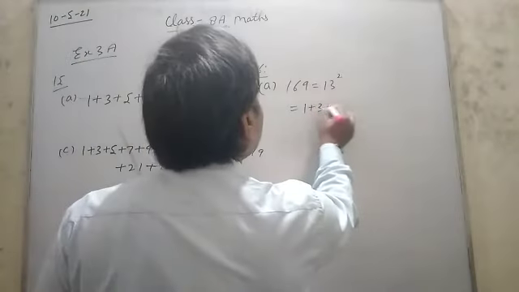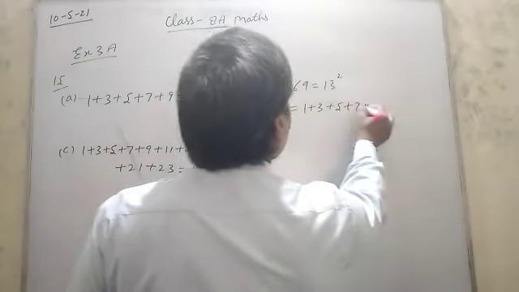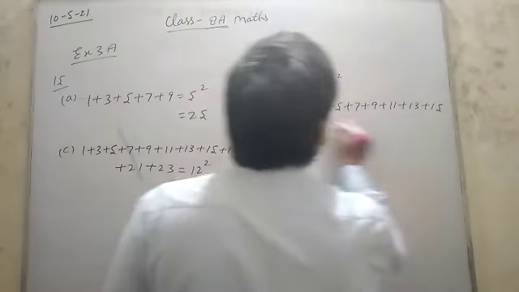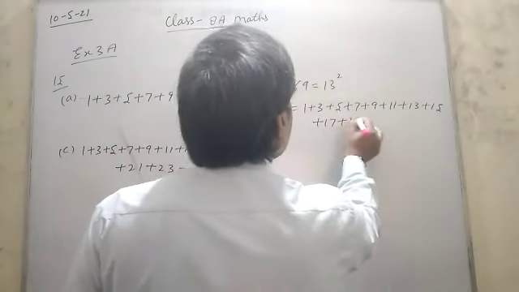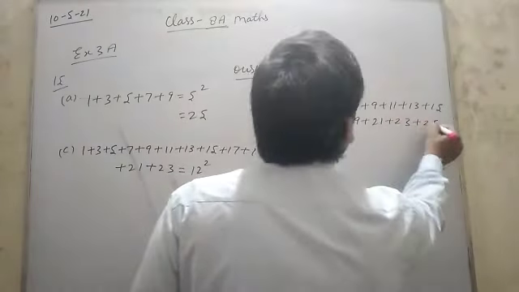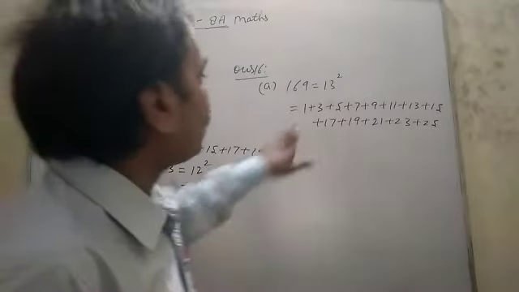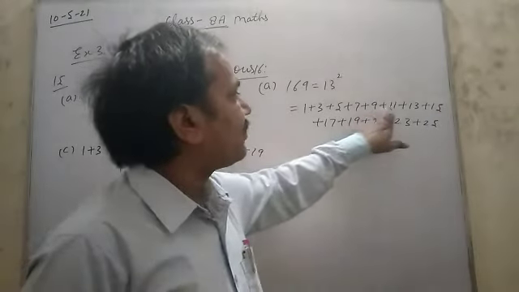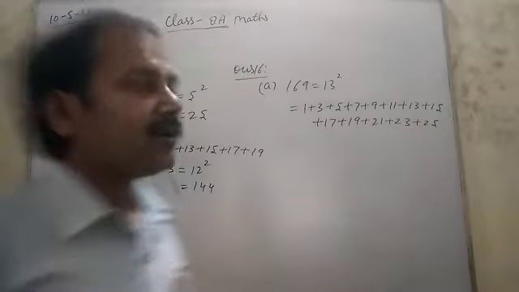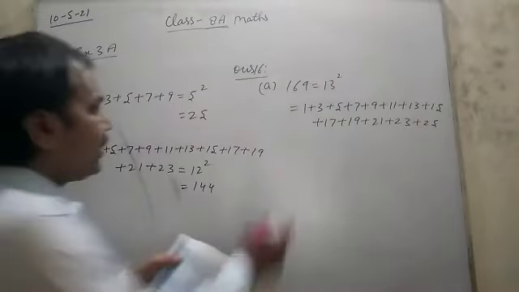So 1 plus 3 plus 5 plus 7 plus 9 plus 11 plus 13 plus 15 plus 17 plus 19 plus 21 plus 23 plus 25. So count it: 1, 2, 3, 4, 5, 6, 7, 8, 9, 10, 11, 12, 13. Okay.